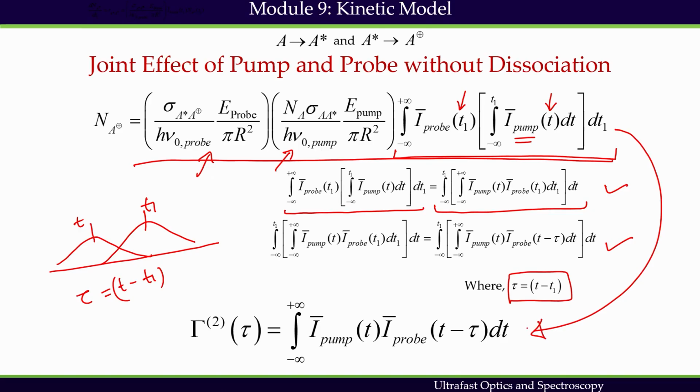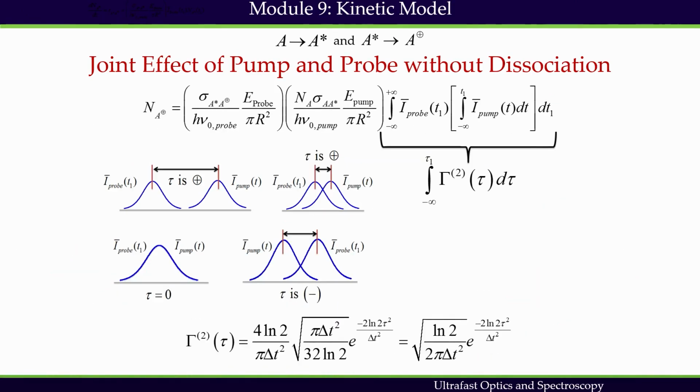This integral can be written as minus infinity to plus infinity integration I pump, this is normalized, that is why this sign, and I probe t minus tau dt. This is a very familiar expression. It is familiar because this expression is nothing but autocorrelation expression.